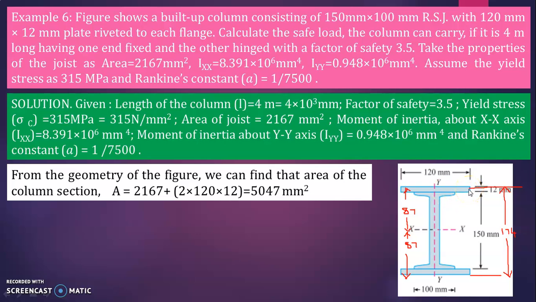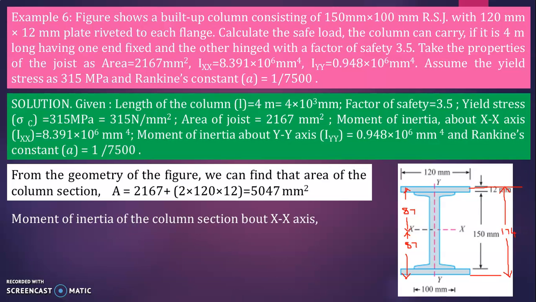Area is equal to B into D, 120 into 12, but there are two plates, both on top and bottom, so 2 into 120 into 12, plus area of the built-up column. So when you add this you get 5047 mm square. So this is the area of the whole column, area of the flange plates plus area of the built-up column. Now like this you have to calculate Ixx and Iyy also.